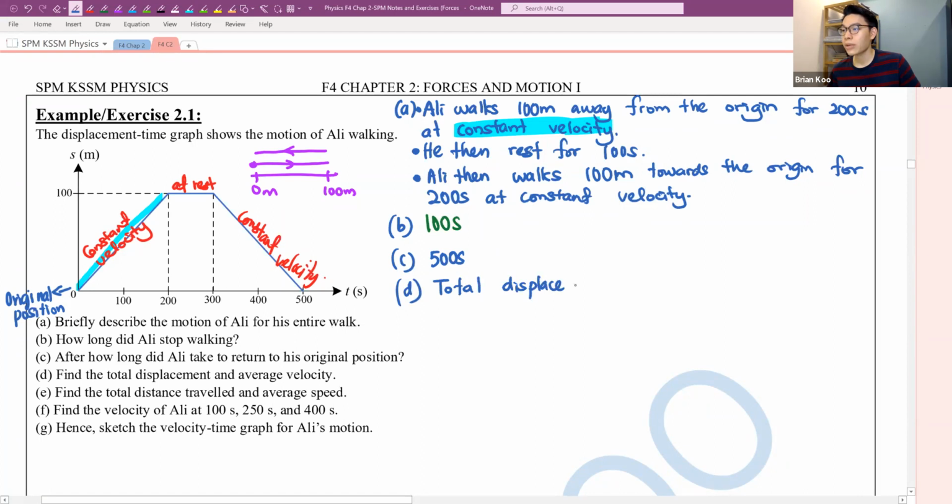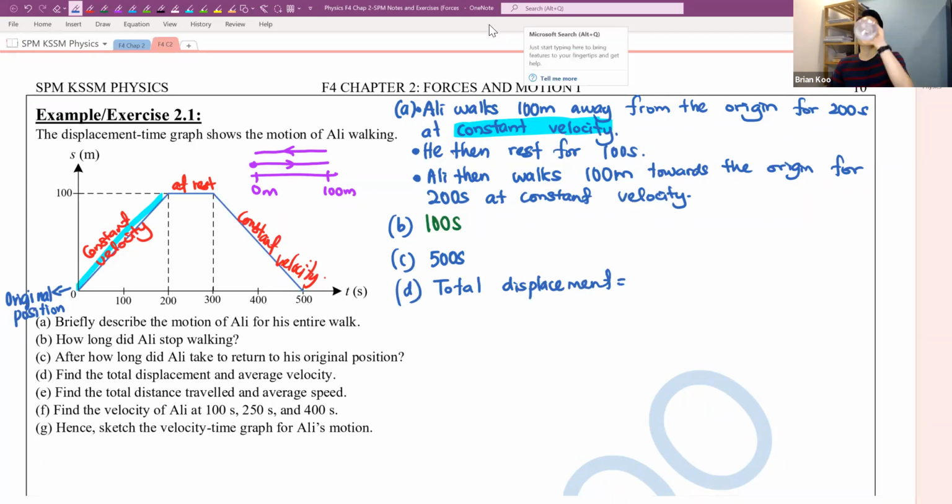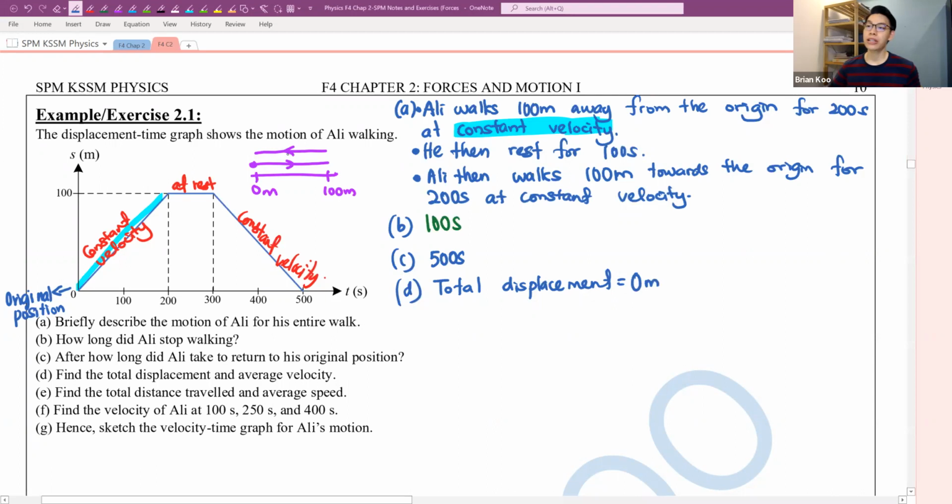Can anyone tell me what is the total displacement? Yes, very good. Thank you, Jashin. Thank you, Sherwin. Thank you, Ethan. 0 meters. Okay, because you start and you stop at the same point.